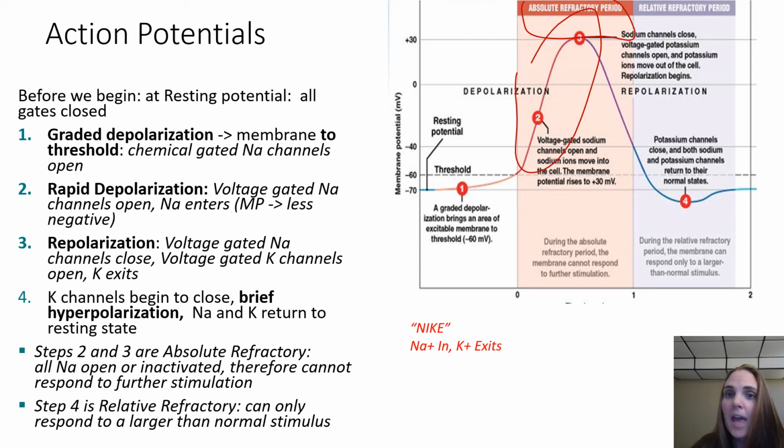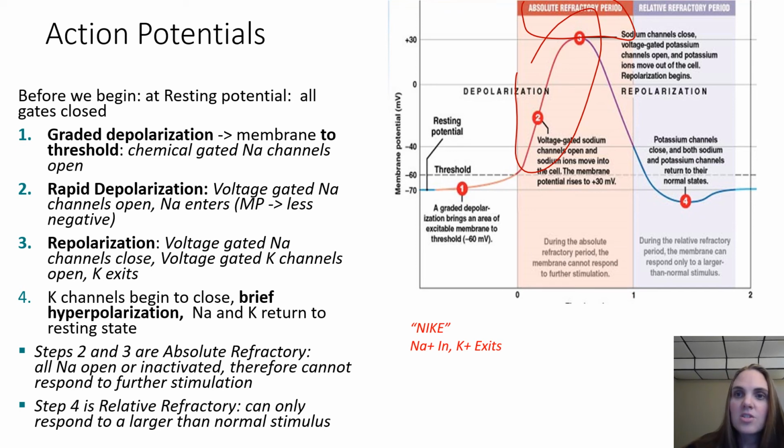Therefore, sodium cannot flow across the membrane, which means that this neuron cannot respond to further stimulus. So even if we had a stimulus occur that started a graded potential, it's not going to result in another action potential coming down the axon at that point.